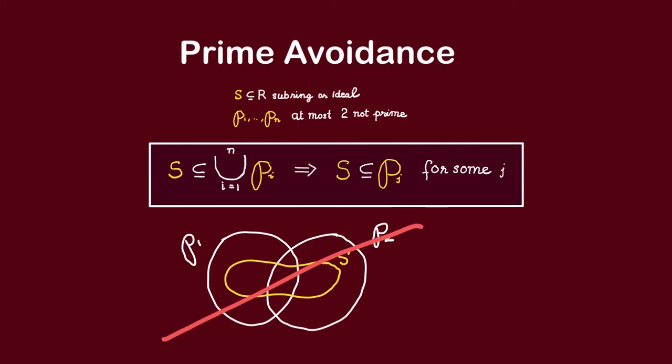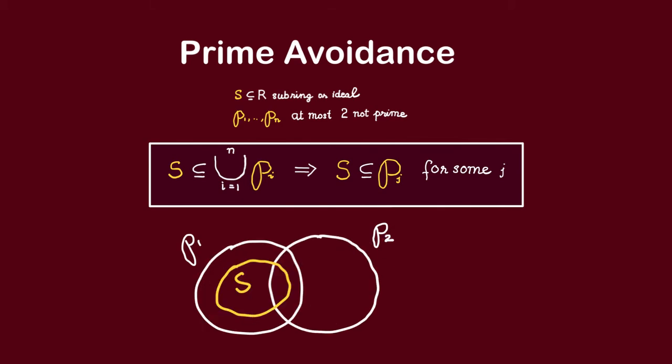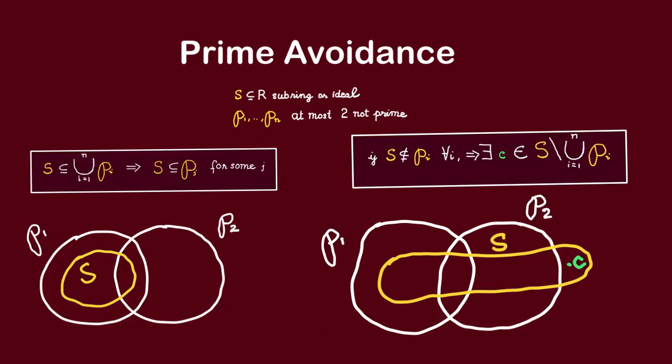That is, if S lies inside the union of the Pi, then S must lie completely inside at least one of the Pi. In other words, if S does not lie completely inside any of these Pi, then S cannot be contained in the union of the Pi, i.e., there is some element c of S avoiding all of the Pi.